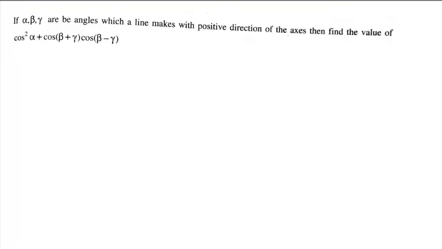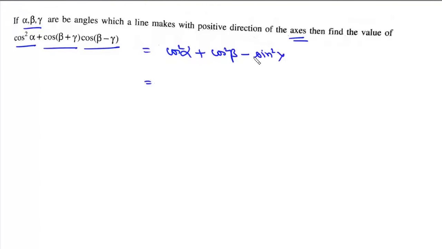Now the question is, if a line makes angles alpha, beta, gamma with positive directions of axes, then find the value of cos square alpha plus cos(beta plus gamma) into cos(beta minus gamma). Now we know that cos(a plus b) into cos(a minus b) is cos square a minus sin square b. So we can write this as cos square alpha plus cos square beta minus sin square gamma.